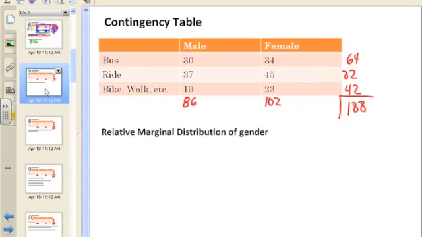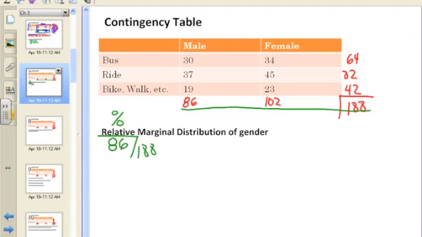So another thing that you'll see asks for relative marginal distribution. So same idea, but we're going to put this relative piece in it. It's just a percent. We're keeping it relative or compared to the total. So again, if I'm thinking about the distribution of gender, the marginal distribution, I'm looking at the margin here. And percent, well, I'm just going to calculate the percent of each gender. So there's 86 boys out of 188 altogether.